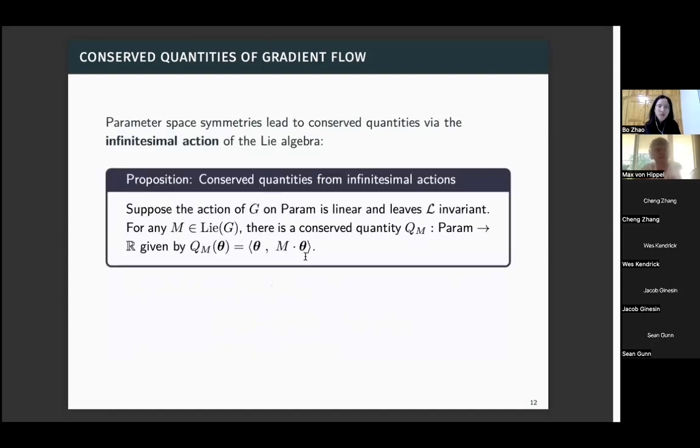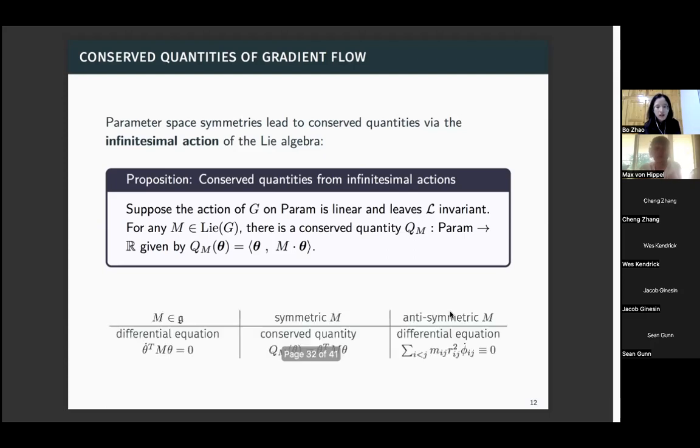And in the paper, we show that the parameter space symmetries lead to conserved quantities via the infinitesimal action. The infinitesimal action is roughly a very small group action. So the proposition is: suppose the action is linear and leaves the loss invariant. In other words, it's a symmetry. Then for any m in the Lie algebra of the group, there's a conserved quantity given by this inner product of theta and m acting on theta.